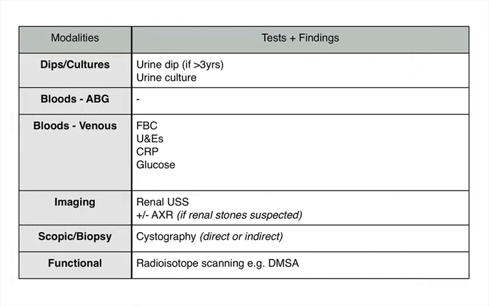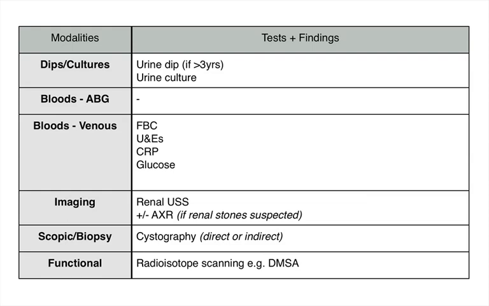So this is a brief overview of the investigations you can do for a child with a UTI. Urine dips are useful in children only over the age of 3, and obviously urine culture is the mainstay of investigation. Blood tests are important if the child is systemically unwell, and the imaging involves firstly a renal ultrasound scan and sometimes an abdominal X-ray if renal stones are suspected, cystography, which can be direct or indirect, and radioisotope scanning, such as DMSA.